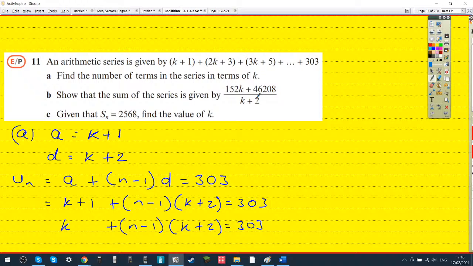Let's see. So what equations do we know? We know A, first term, A plus D. I know a formula, but it might be cheating, involving first plus last.